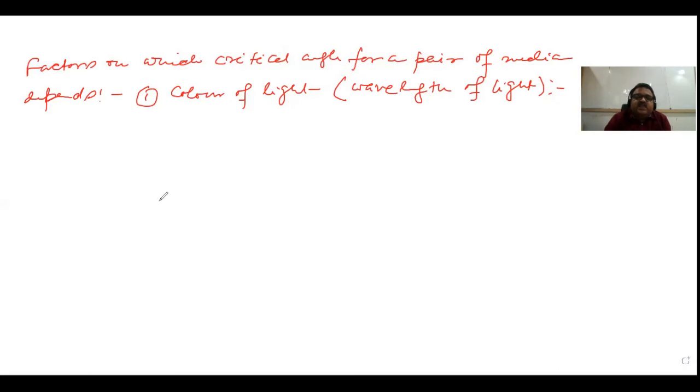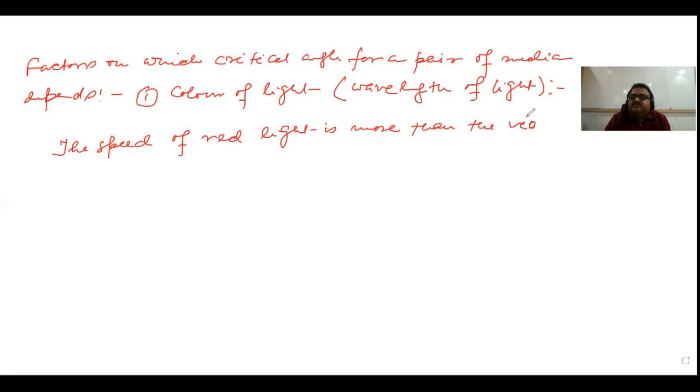Just giving an example. The speed of red light is more than the speed of violet light in glass. Okay.